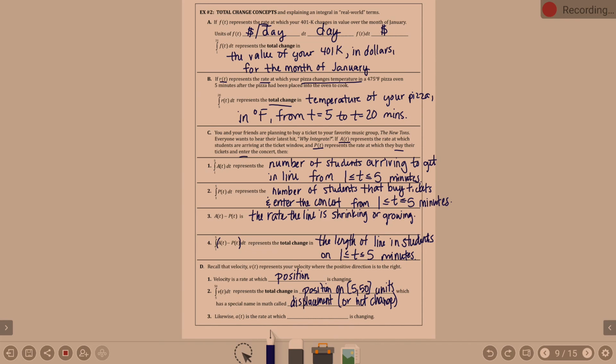Likewise, a of t is the rate at which blank is changing: velocity, because acceleration is the derivative of velocity. I'm a little mad that none of them are speed.